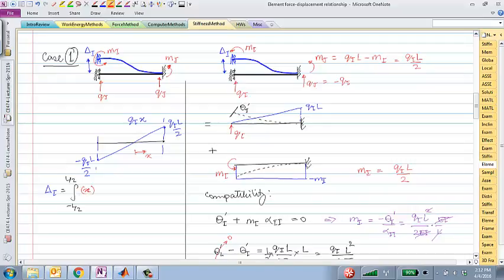Do you agree? The virtual bending moment is simply X, because if I apply a unit load instead of QI, that would be from minus L over 2 to plus L over 2. So the virtual bending moment is positive X, and the real curvature is QI times X divided by EI, and we need to integrate that dx.